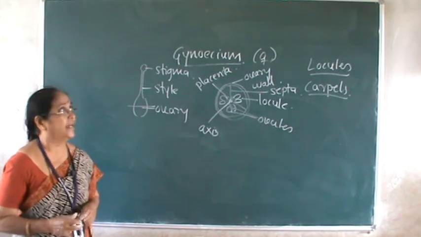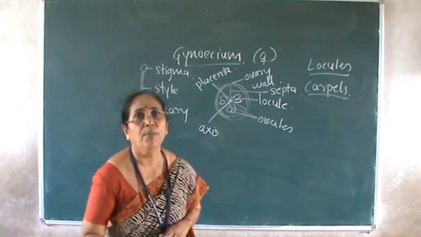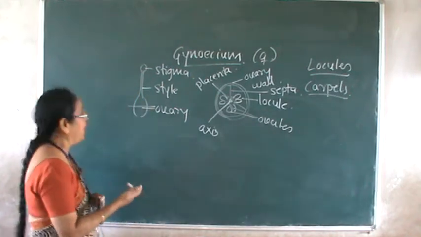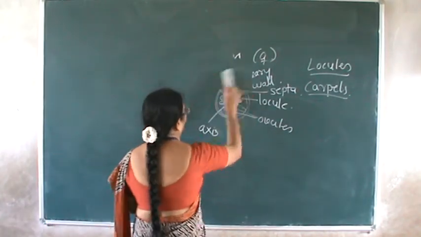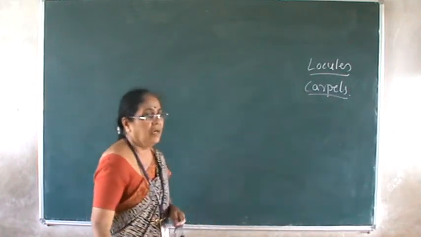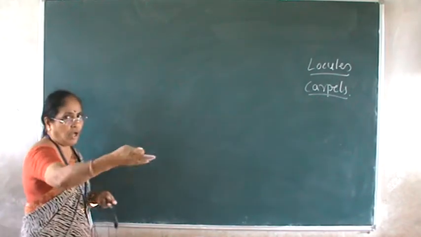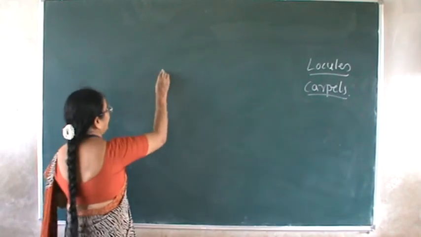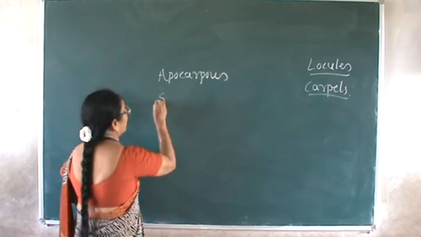After that, when you say that the ovary is made up of 2 carpels or more than 2 carpels, you have to check whether the carpels are in apocarpous condition or in syncarpous condition.